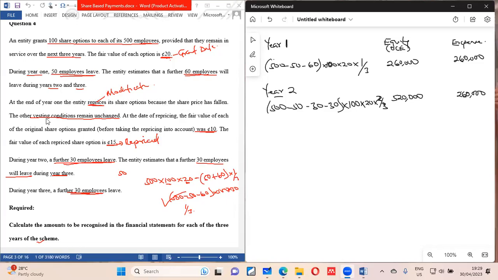And the other vesting conditions remain unchanged. So the modification is actually taking effect in year 2. Are you getting it? You can't modify something at the end for it to affect January to December. So it's starting to have its effect in the second year. So we now come to the modification.